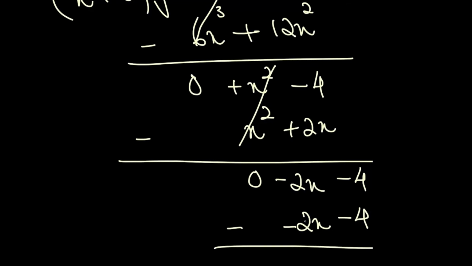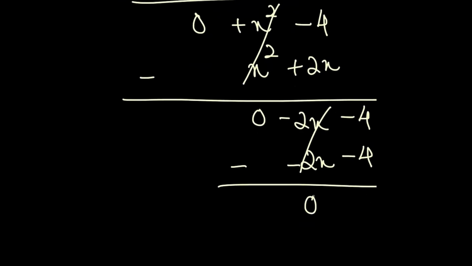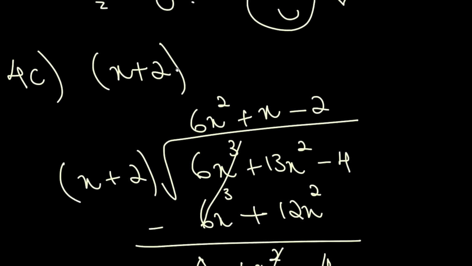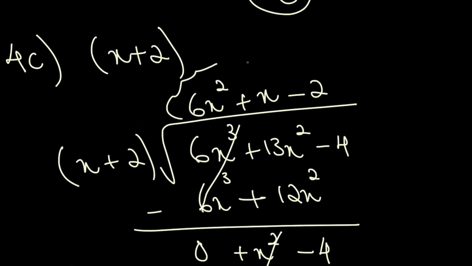Minus 2x minus minus 2x is minus 2x plus 2x, therefore that cancels out to a 0. Minus 4 minus minus 4 is minus 4 plus 4, which also gives us a 0, which we knew because we know this is a factor, so the remainder is 0, but what we wanted out of this exercise was Mr. Quotient.